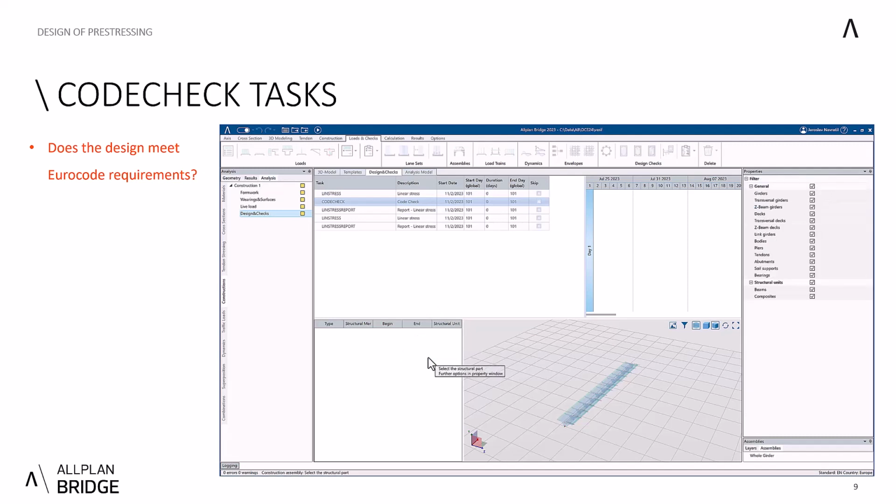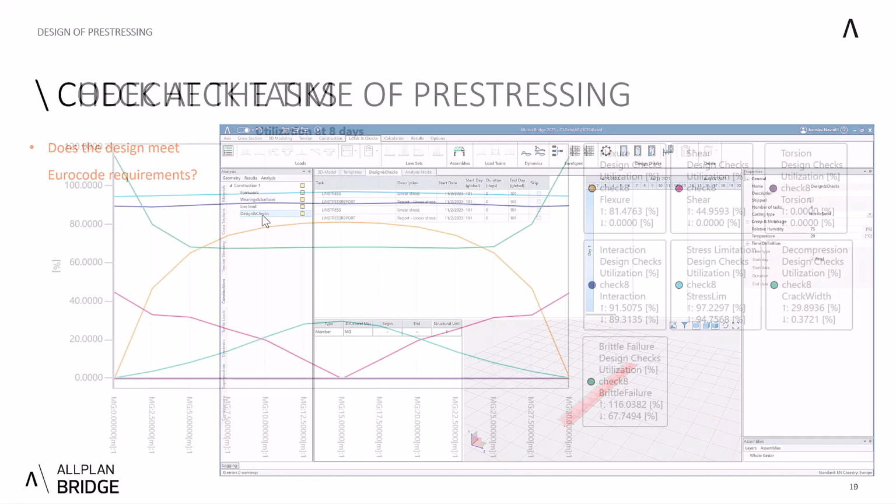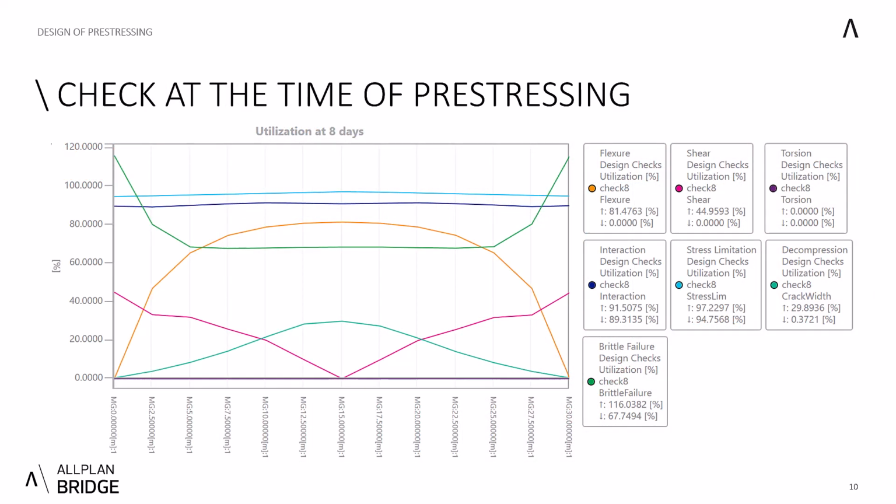Again, we must specify the so-called assembly on which the check is to be performed. After we define the code check task for 8 days at the time of pre-stressing, we can run the structural analysis followed by the Eurocode-based checks.